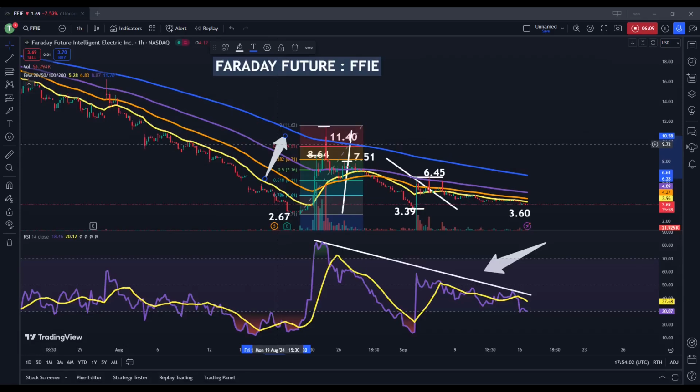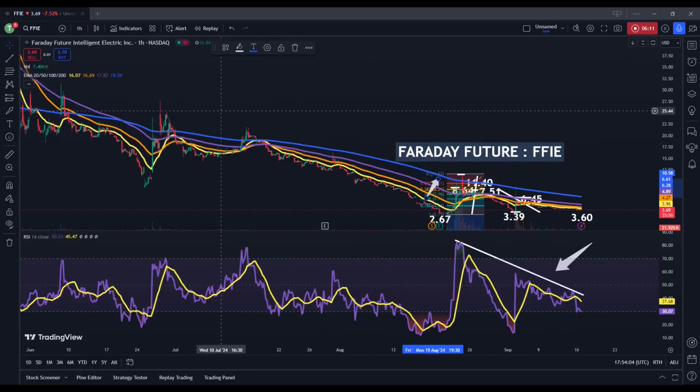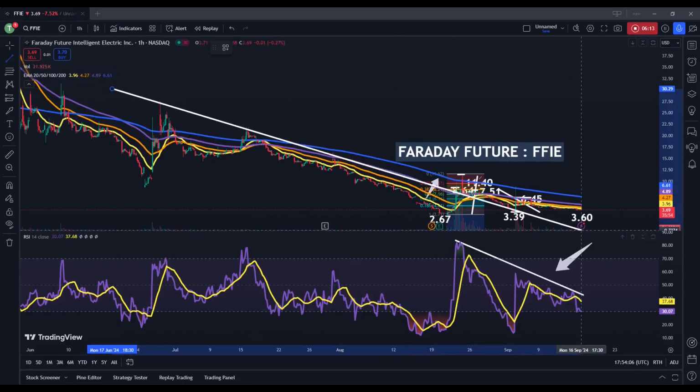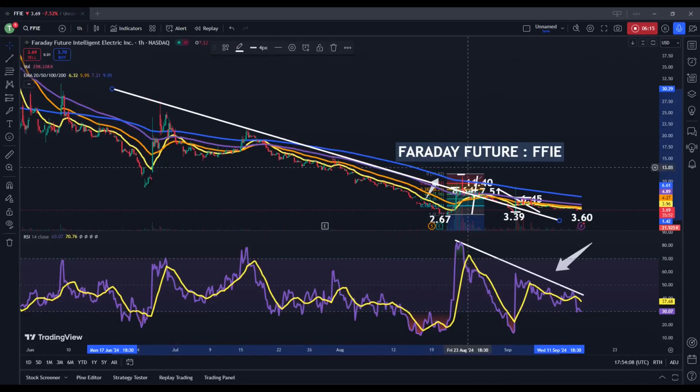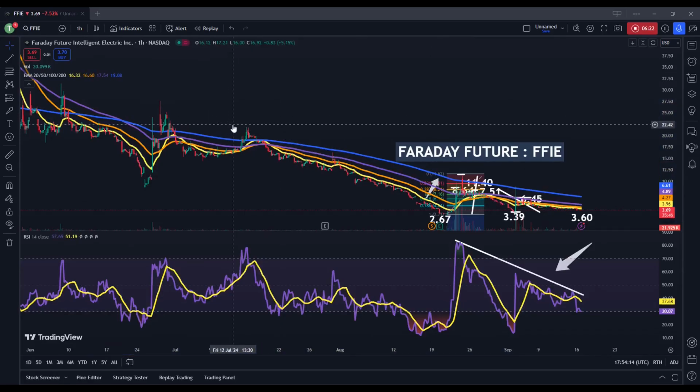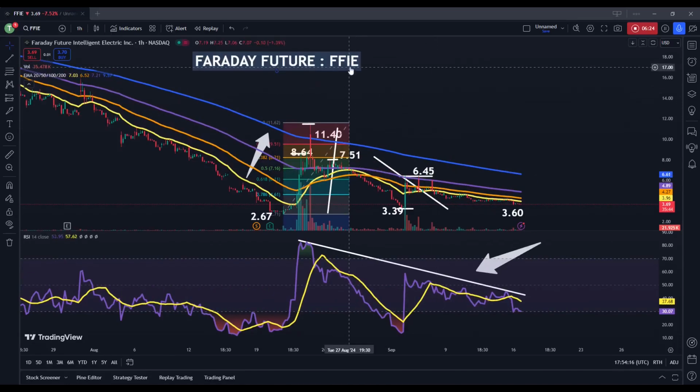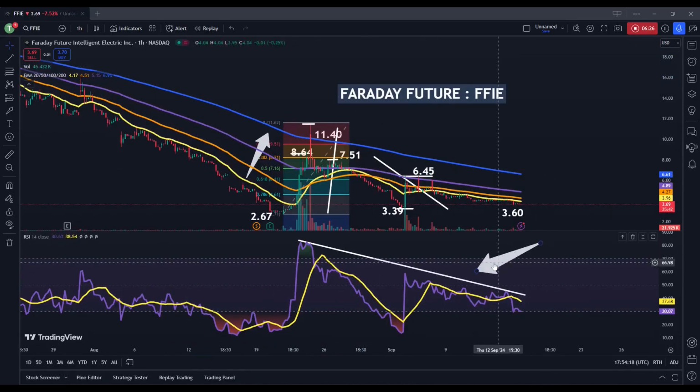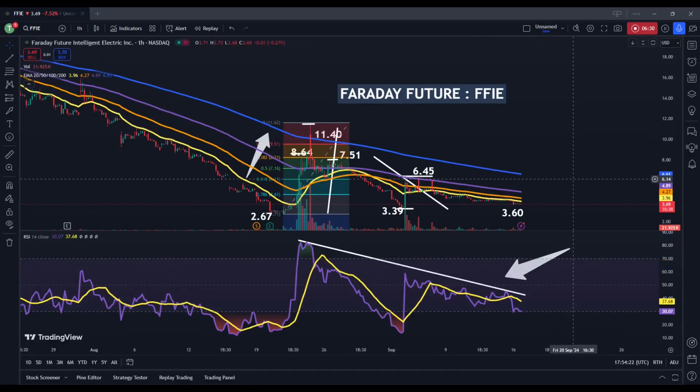Because what we can see here is that share prices really are sort of maintaining the same trajectory lower here. I mean, there really isn't much change here, even though we did see a bit of a break here to the top side for a short-term period of time. So, with that in mind, that is the type of scenario that could potentially lead to a continuation here in this downside share price movement.